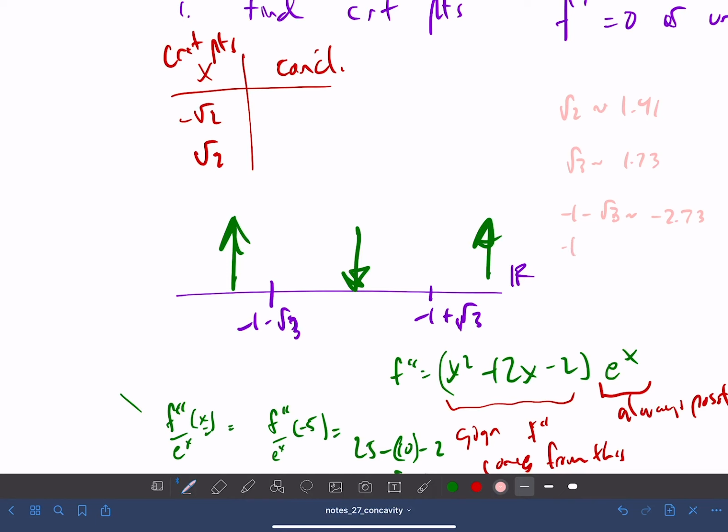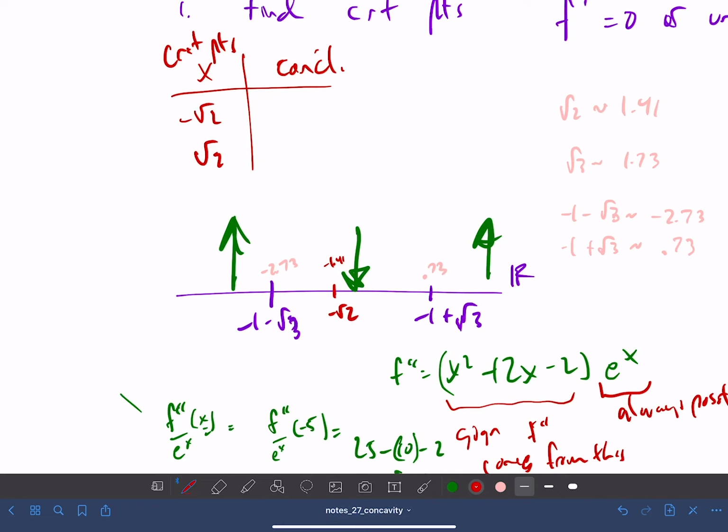Negative 1 plus root 3 is about 0.73. So in order to place root 2 and minus root 2 on this, okay, so minus root 2 is over here. It's about 1.41 with a minus sign in front of it.